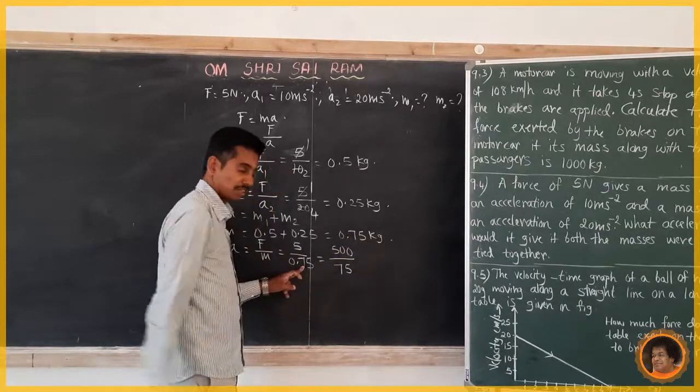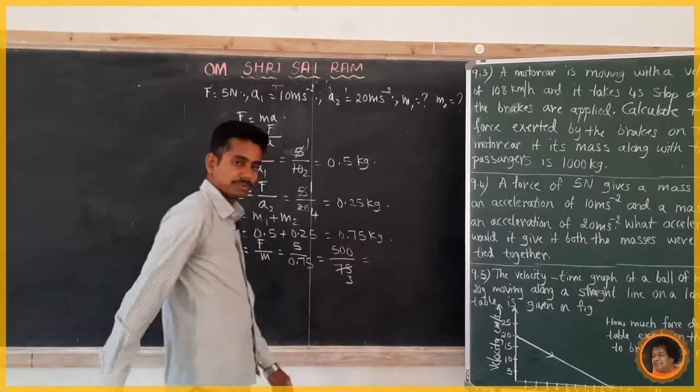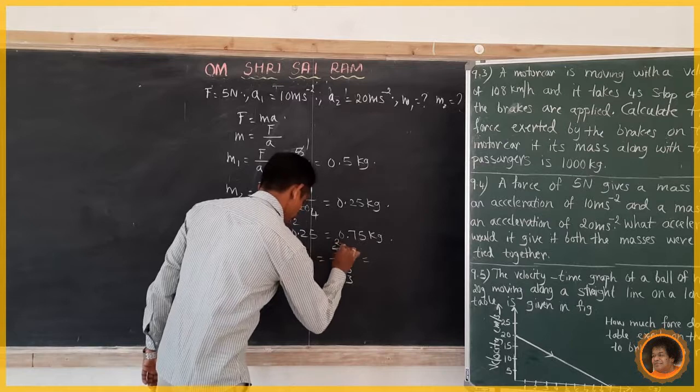So it is 500 by 75. 25 3s are 75, 2 5s are 50.